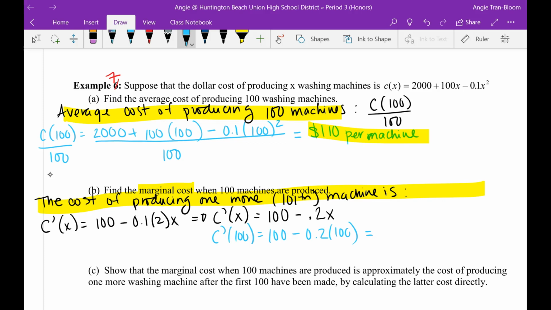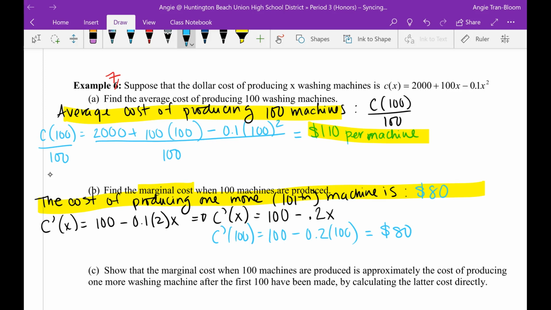That's going to be $80, because 0.2 times 100 is 20, and 20 taken away from 100 is 80. So the cost of producing one more machine, the 101st machine, is really just $80. It's very different from the average cost of producing 100 washing machines.